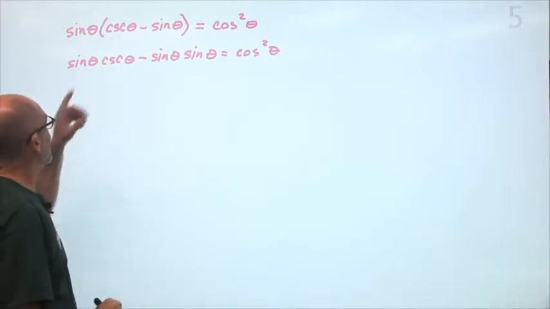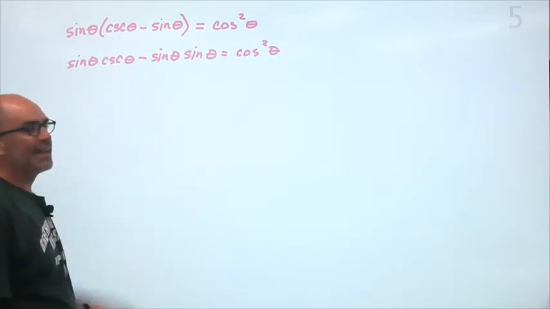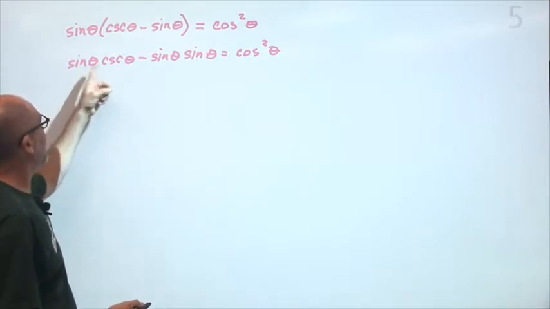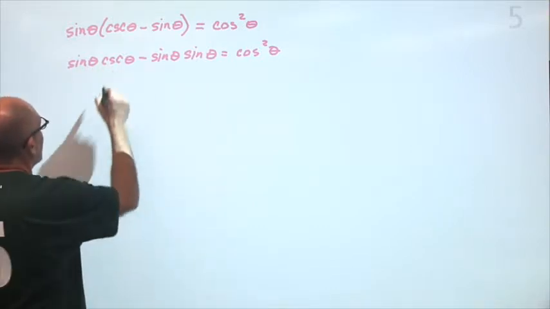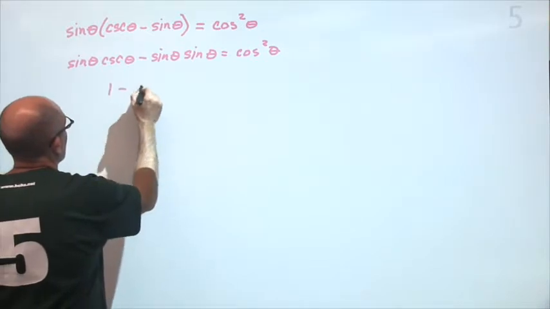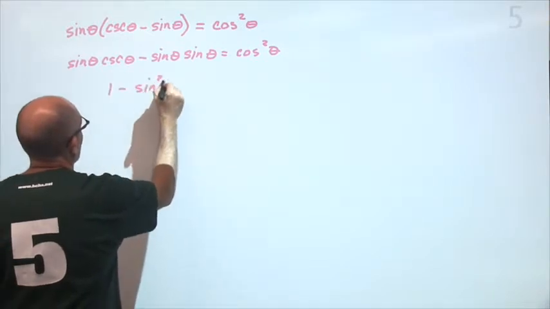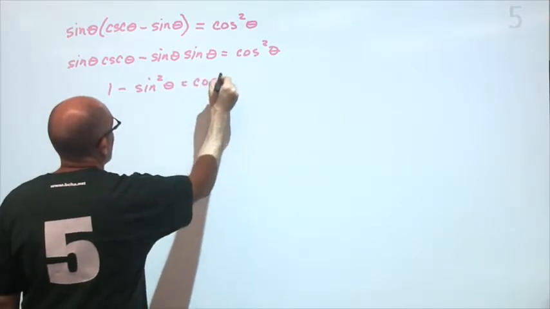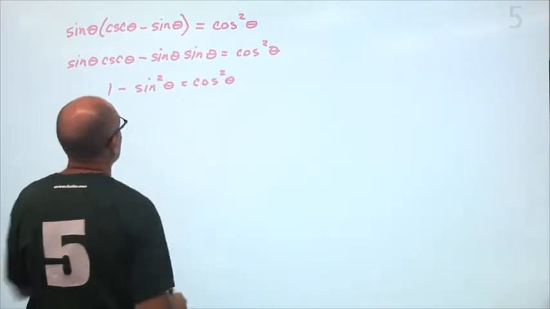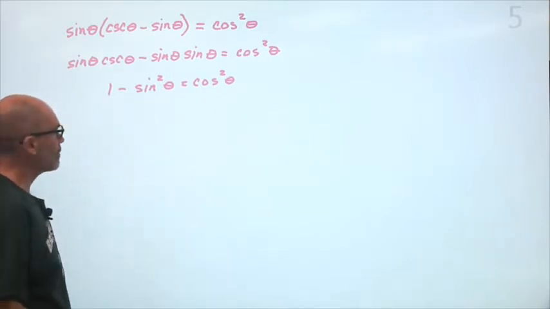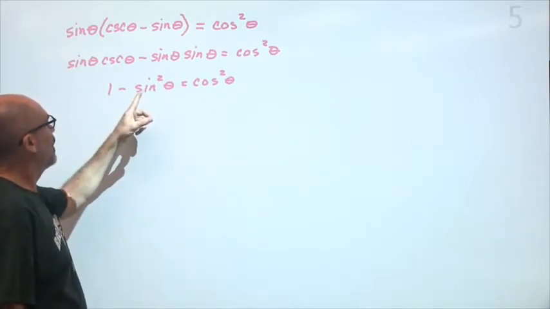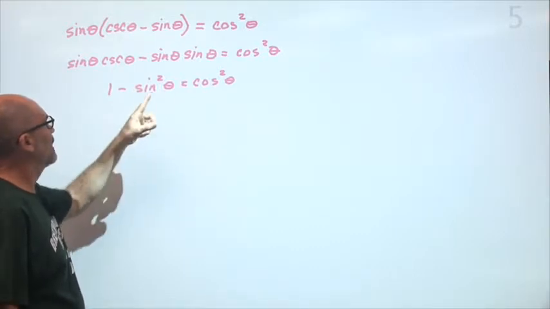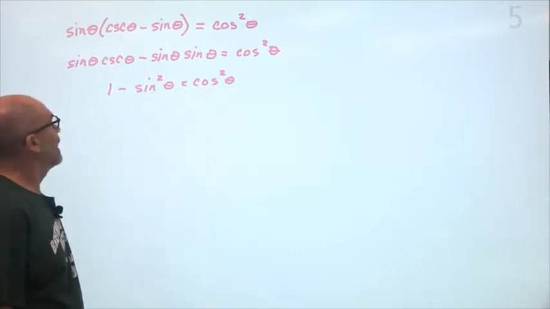Okay, next, I know that cosecant theta is 1 over sine theta. So basically, sine times cosecant equals 1. And sine theta times sine theta is sine squared theta. All right, so now 1 minus sine squared theta equals cosine squared theta.